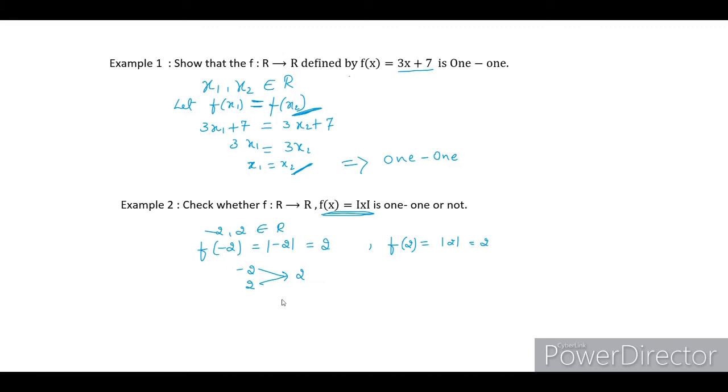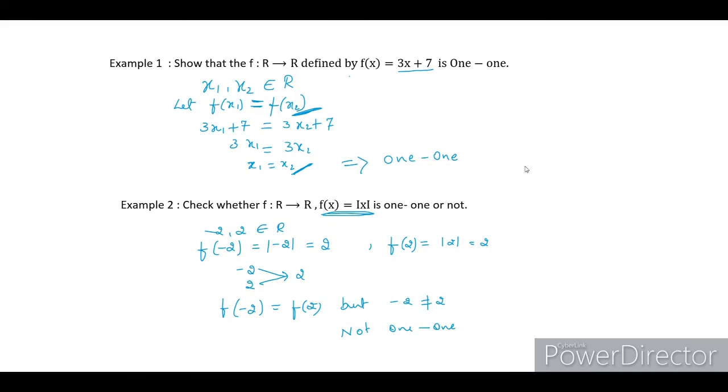So clearly we can understand that this is not a 1, 1 function. Here we checked that the images are same, but they are not same elements, -2 is not equal to +2. So this is not a 1, 1 function.